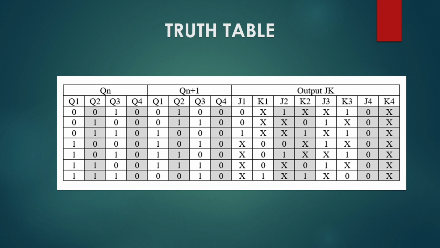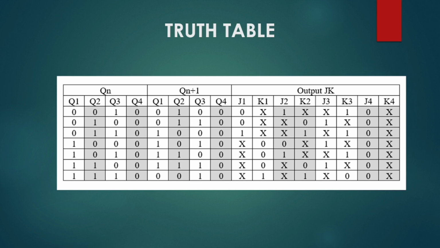When Qn is 0010, the next state is 0100, then our output will be JK1 0X, JK2 1X, JK3 X1, and JK4 00.